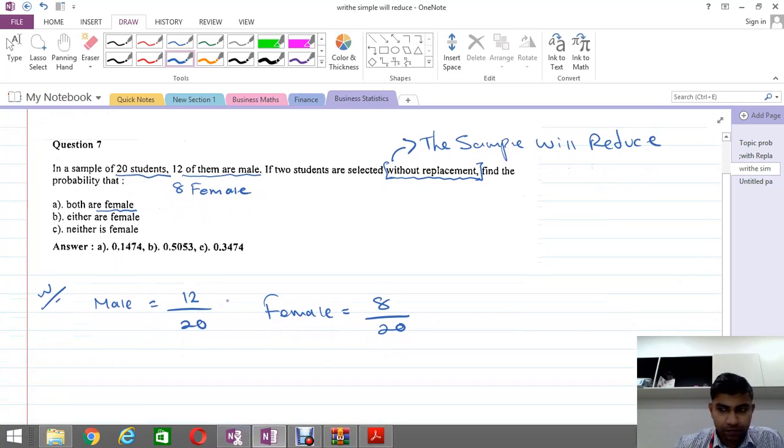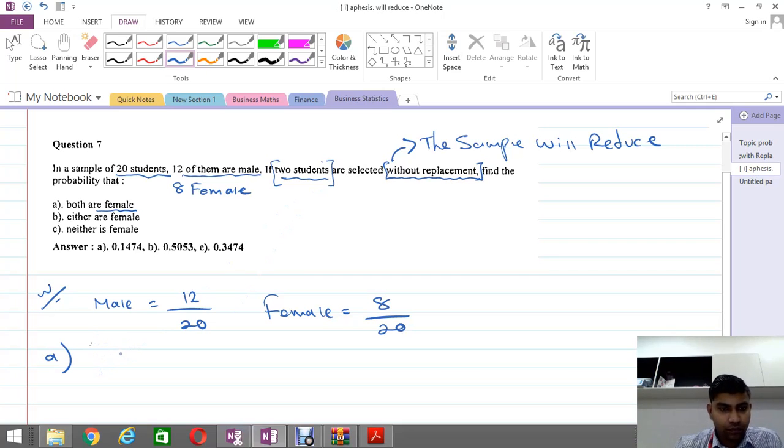So now for female, we're gonna take this. Okay, so both are female. So remember that the keyword is 2 students. Okay, you must pick 2 students. So that's an important requirement here.